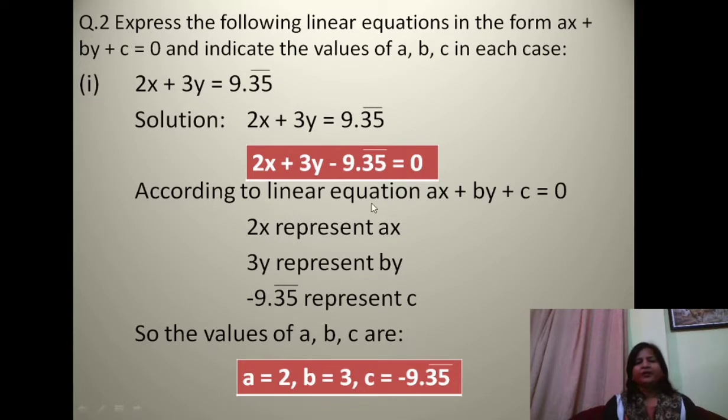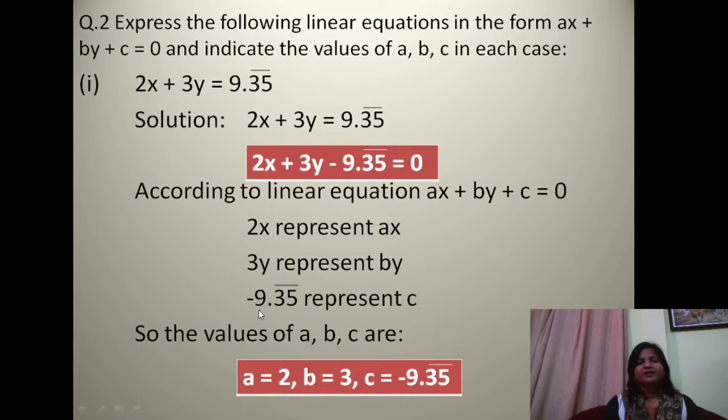According to the linear equation ax plus by plus c is equal to 0, here 2x represents ax. That means a is equal to 2 and x is equal to x. Here you can see a is equal to 2. Same here, 3y represents by. That means b is equal to 3.